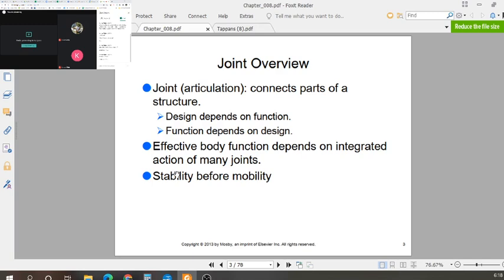Design and function depend on each other. For instance, the elbow cannot go in a circle. It is made for flexion and extension. It can't do all that the ball and socket articulation can do. They function the way that they are designed to.